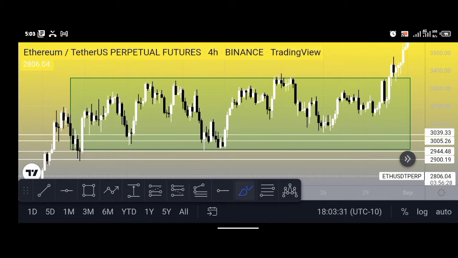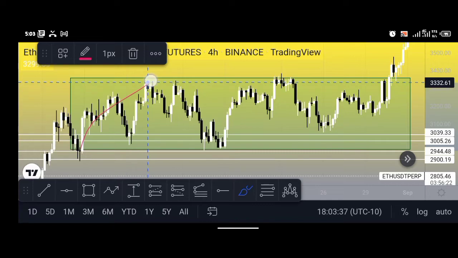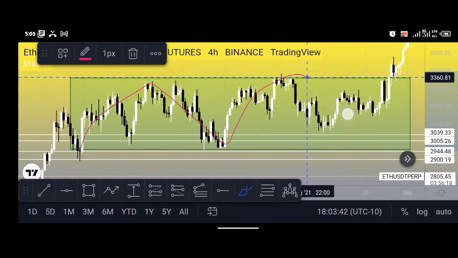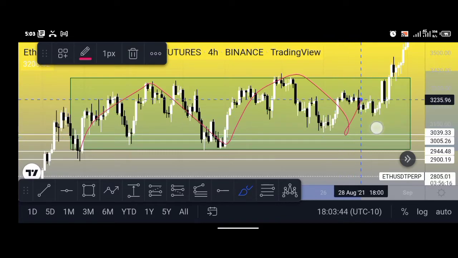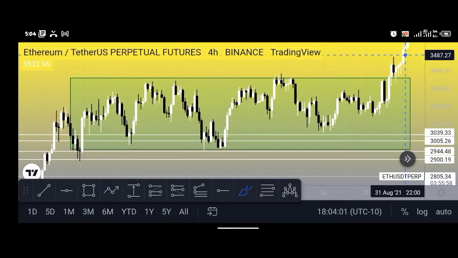You see the price keeps on making the same higher high, higher low, higher high before it breaks the boundary, before it breaks the resistance. So after identifying this, I'm going to teach you how to trade the ranging market.